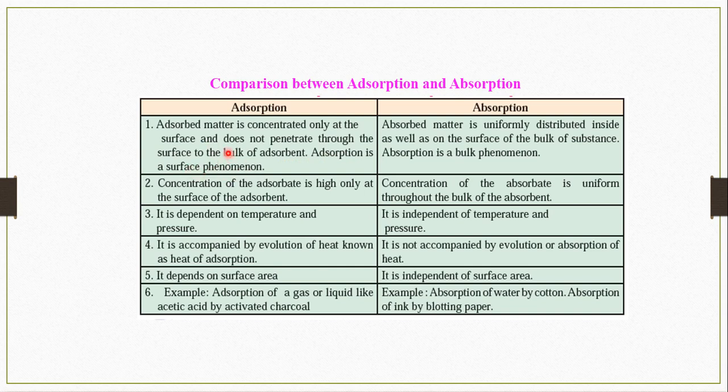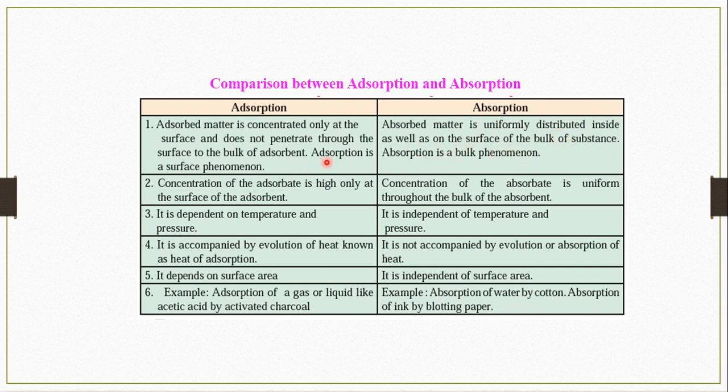While for absorption, the matter is uniformly distributed. It is not only on the surface, it goes inside as well, throughout the bulk of the substance. Absorption is a bulk phenomenon.